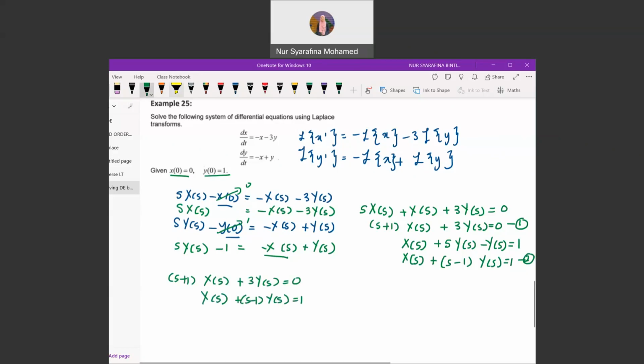So as you can see, we sort this in terms of a matrix arrangement. It is easy for you to convert this to a matrix system.